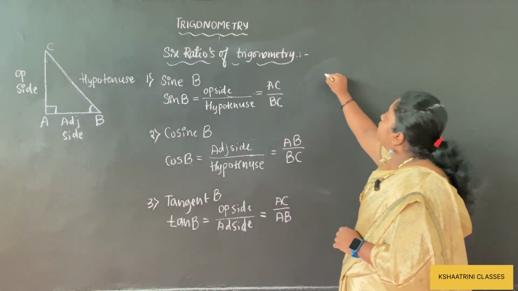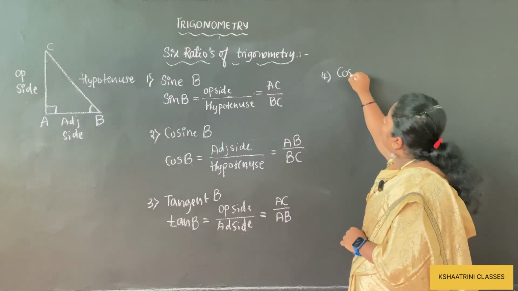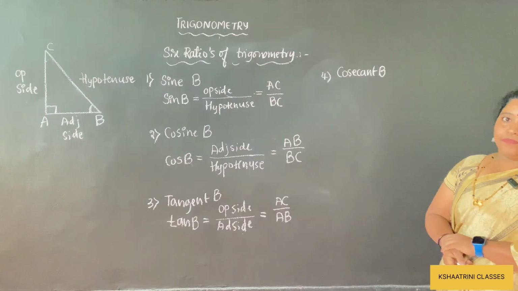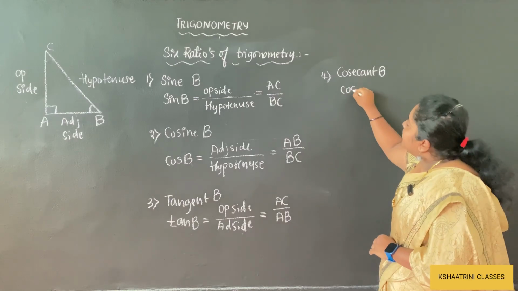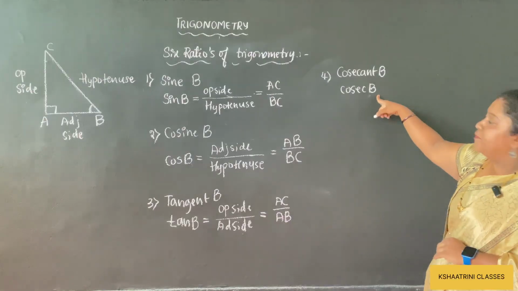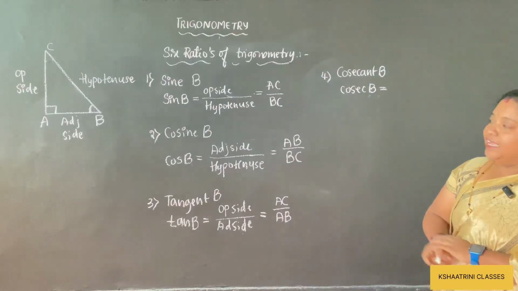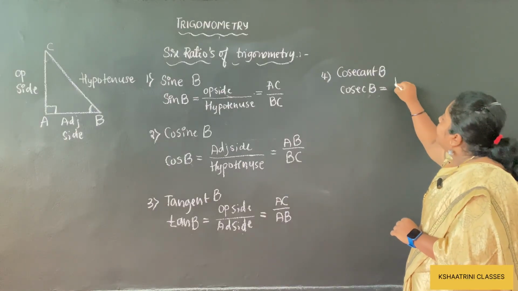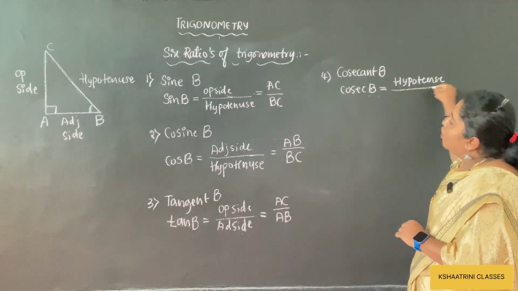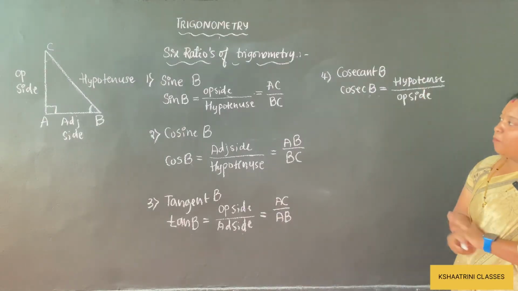The fourth trigonometric ratio is cosecant of angle B. In the short form, it is written as cosec B. Cosec B of any acute angle is given by the ratio of hypotenuse to opposite side.